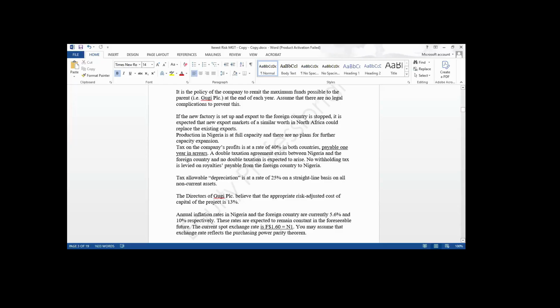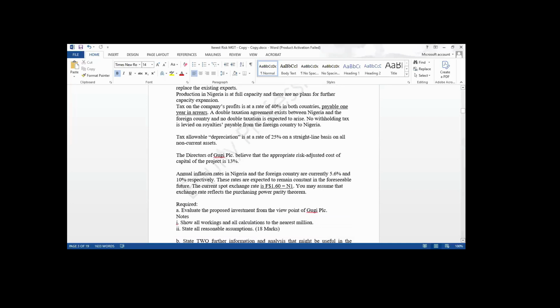Tax allowable depreciation is at a rate of 25% on a straight line basis on all non-current assets. The director of Google PSC believes that the appropriate risk-adjusted cost of capital of the project is 13%.